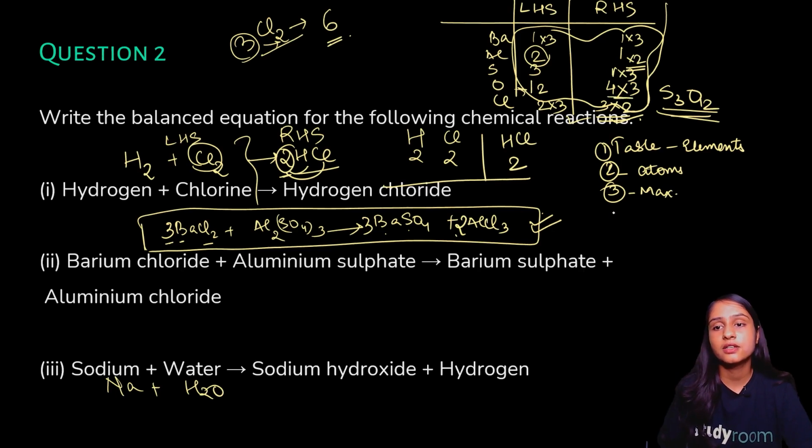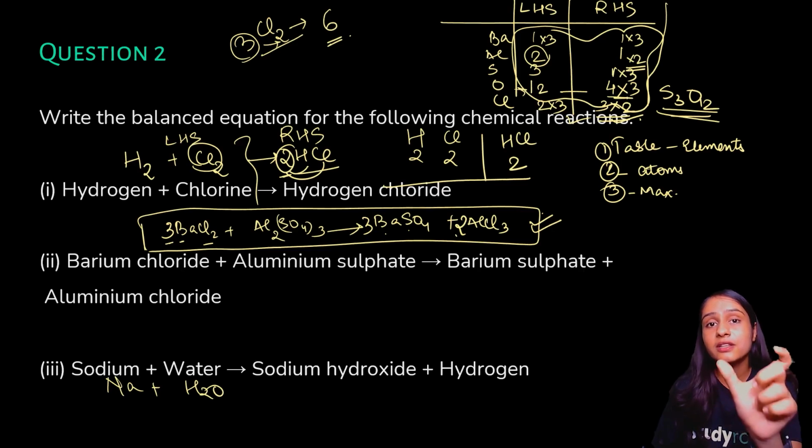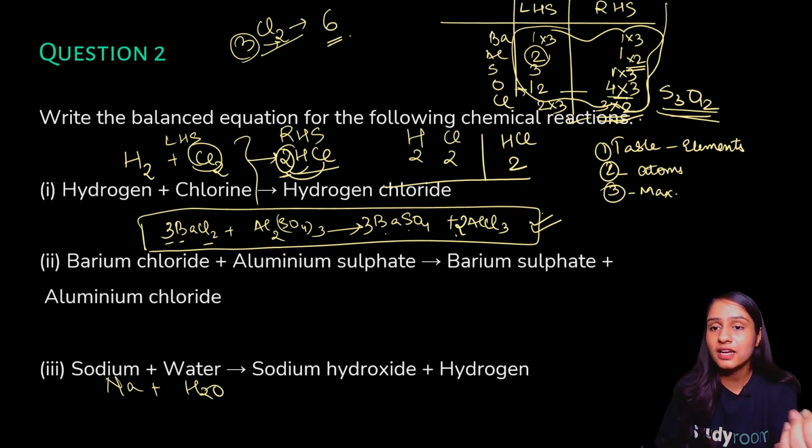Then at that moment when you balance any atom at first step, there and there you need to check whether, because of adding that number in front of the compound, you disrupted the number of atoms of other elements.